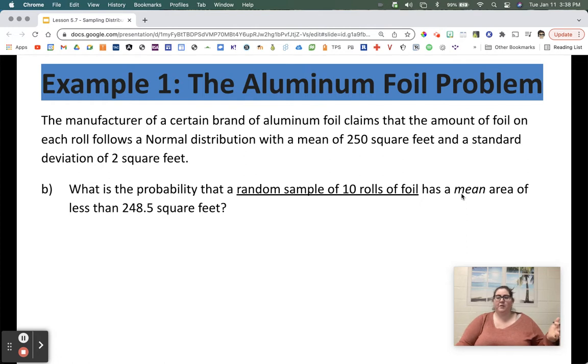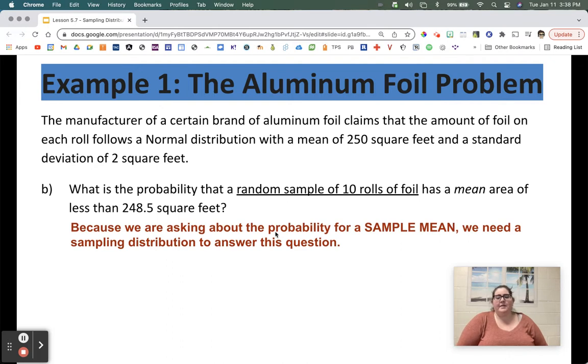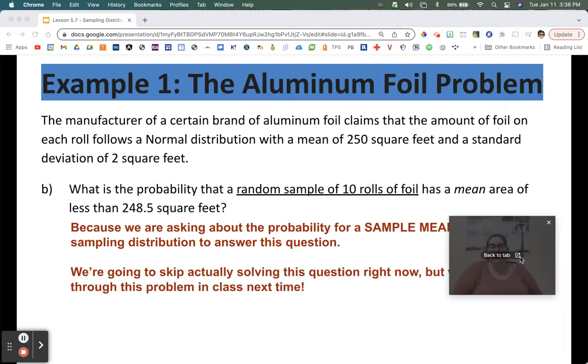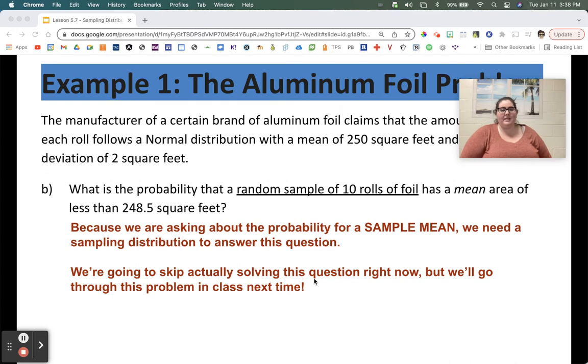So it's good to look for those words. Sample mean, right, is dealing with the sampling distribution. So we're actually going to skip this question for now. I'm going to go through this one in class, but I want to get to my other example. So this one we'll do as an example in class next time and go through how to do that one just for extra practice.